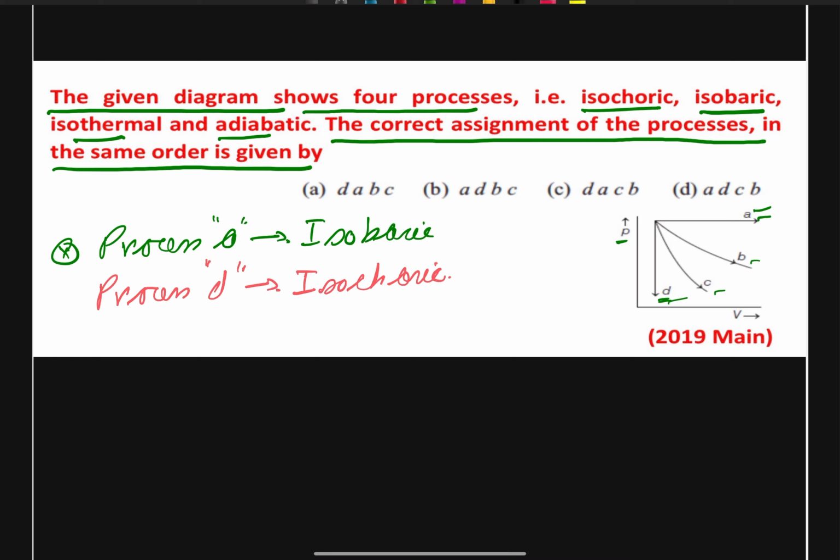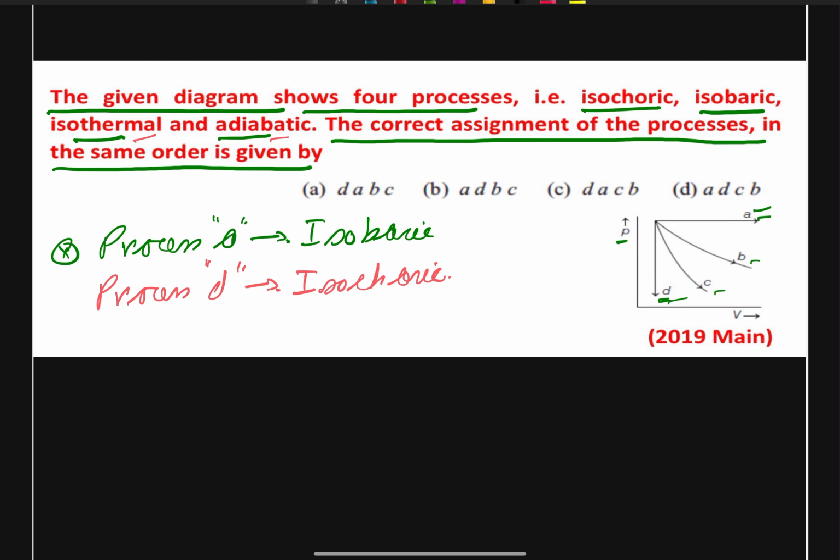Now we are only left with isothermal and adiabatic. We have to remember that the slope for adiabatic is always on the higher side as compared to isothermal.